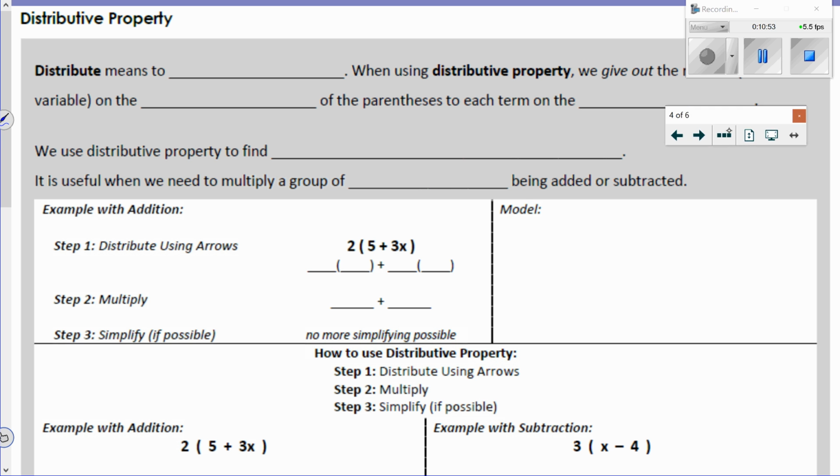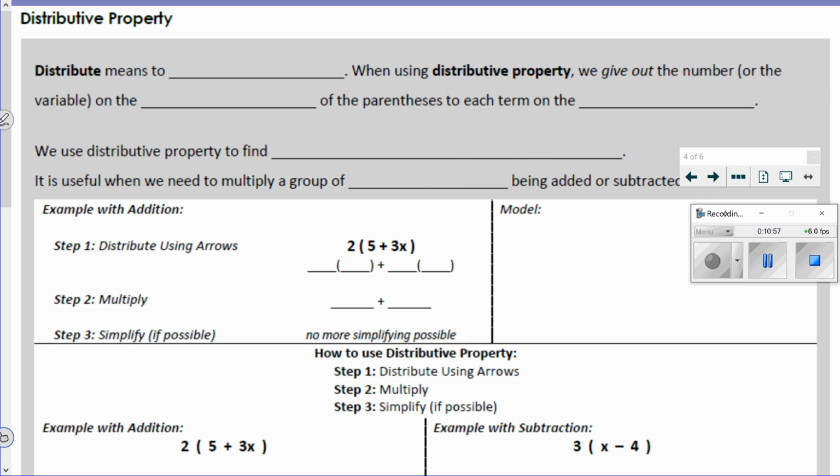Now our next part, when we are using our distributive property, what does distribute mean? If I'm distributing something, what am I doing to it? Okay? Giving it out, right? If I distribute something, I'm passing it out to everybody. So distribute really means to give out.